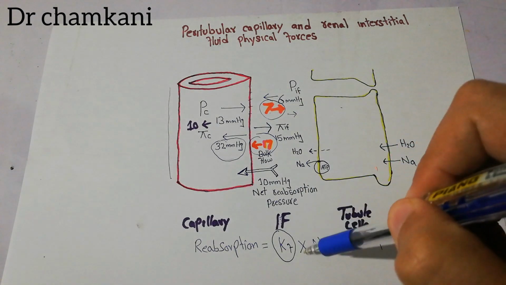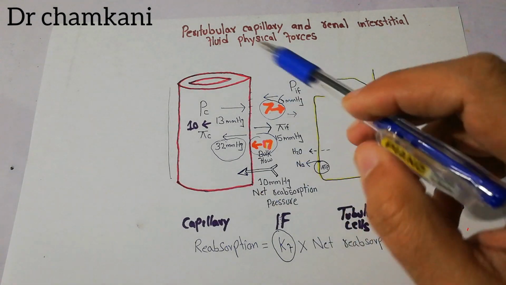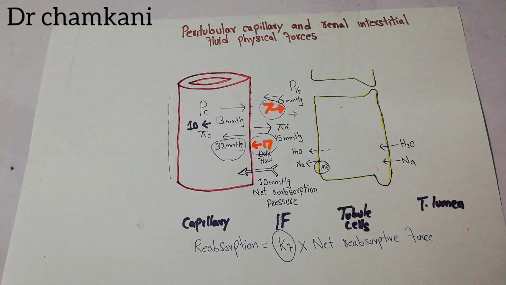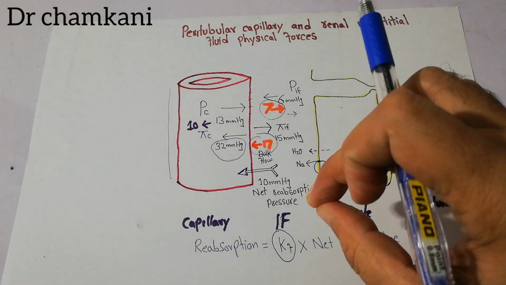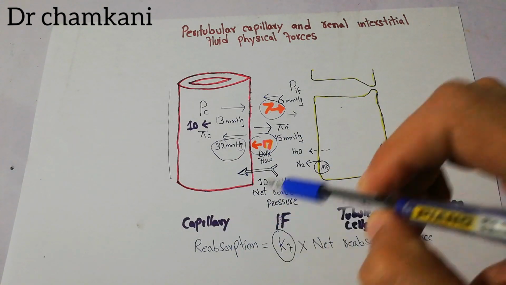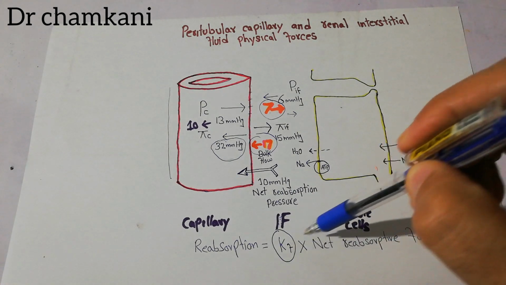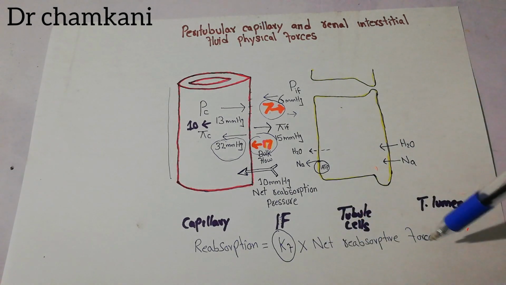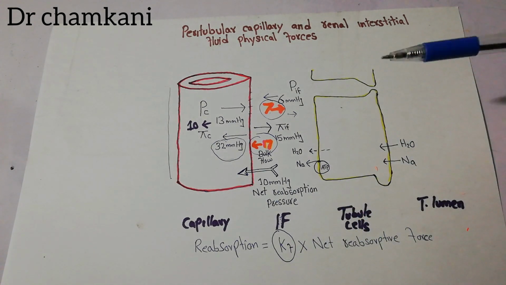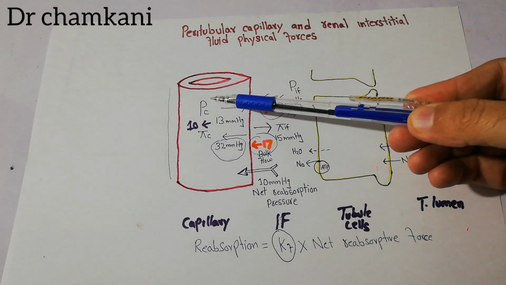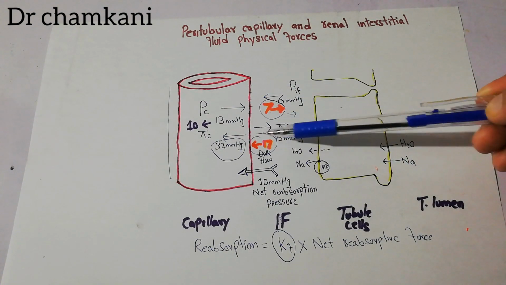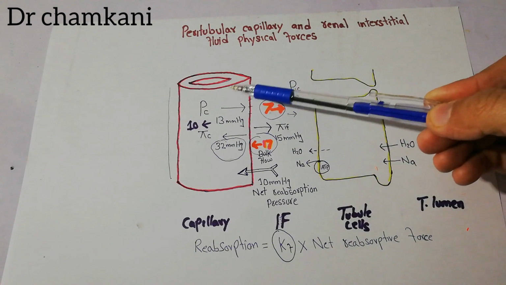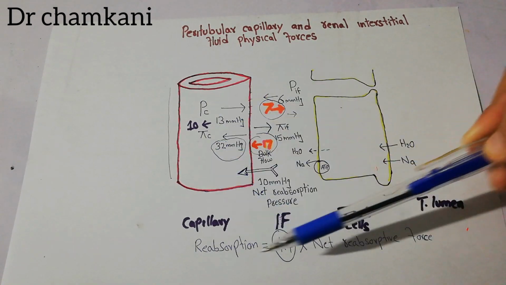So the combination of conductivity and surface area makes the filtration coefficient. So the net reabsorption process is the filtration coefficient times the net reabsorptive force, and the net reabsorptive force is the net force that comes from the two different hydrostatic forces and two different colloid osmotic forces present in the peritubular capillaries and the renal interstitial fluid.